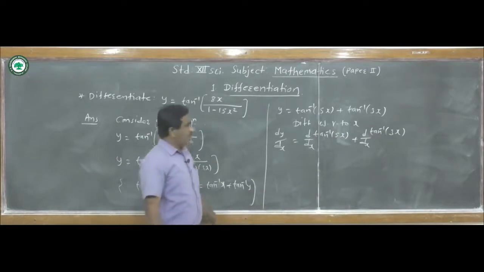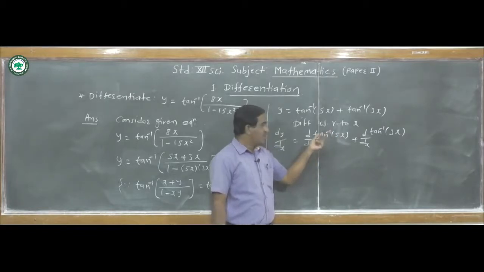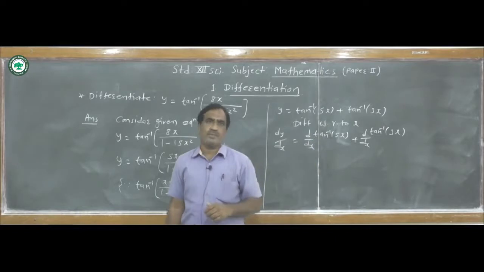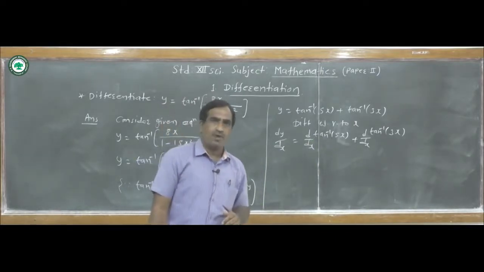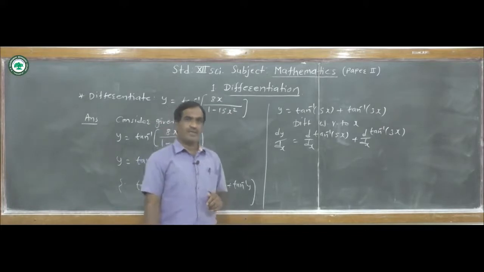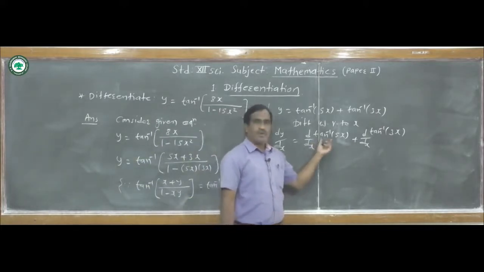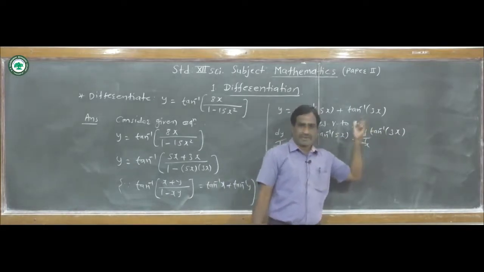Okay, now here tan inverse of 5x is a composite function. Suppose 5x is f of x, then we know that the derivative of tan inverse of f of x is 1 upon 1 plus f of x bracket square into f dash of x. Using this formula, we can write the derivative of tan inverse of 5x as well as the derivative of tan inverse of 3x.